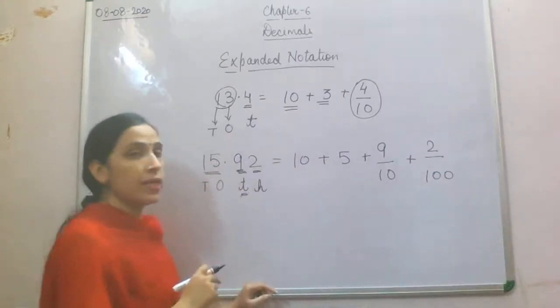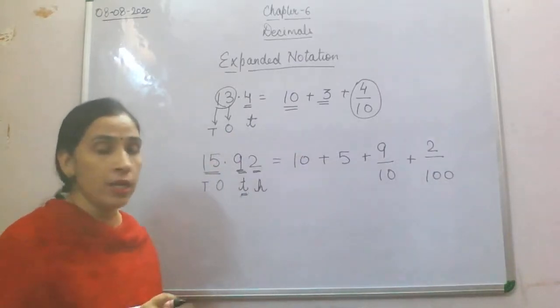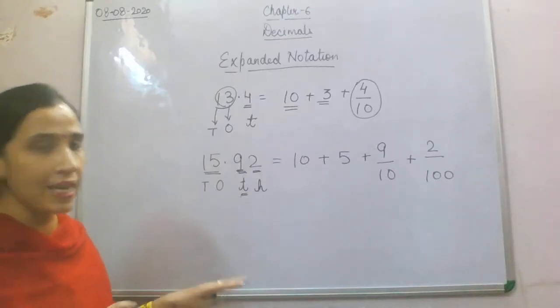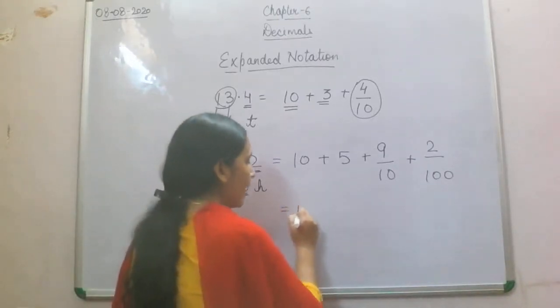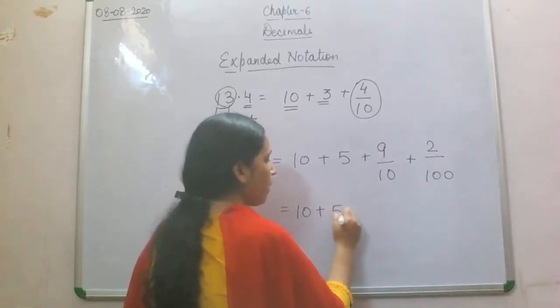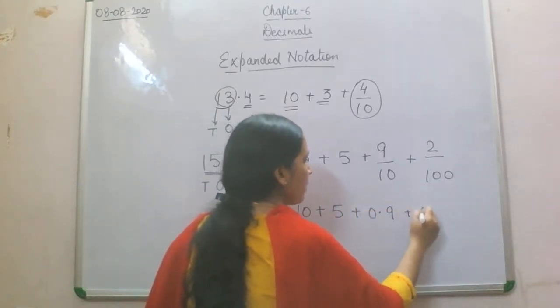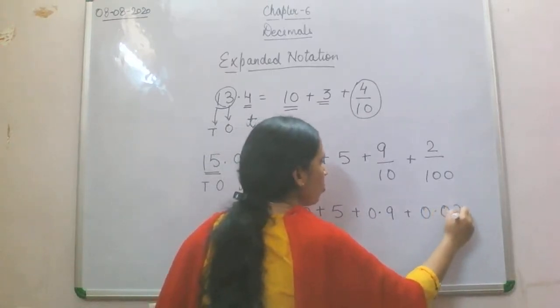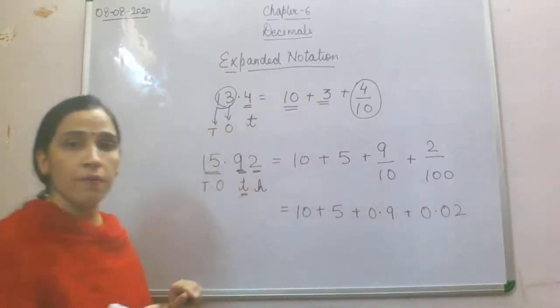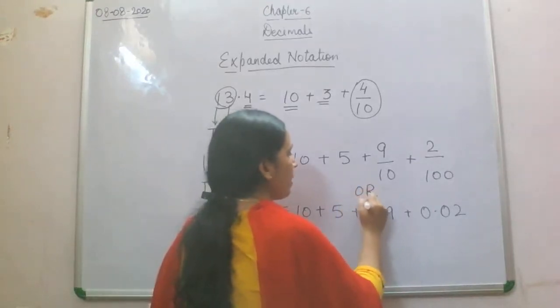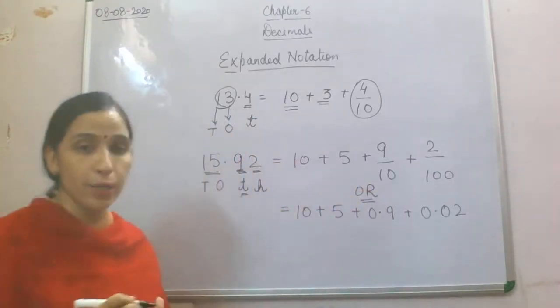So like this we can write it in expanded notation, and if we further write it in decimal form, we can write 10 plus 5, and this will become 0.9 and this will become 0.02. Fine. So these are the representations of a decimal number in expanded notation.